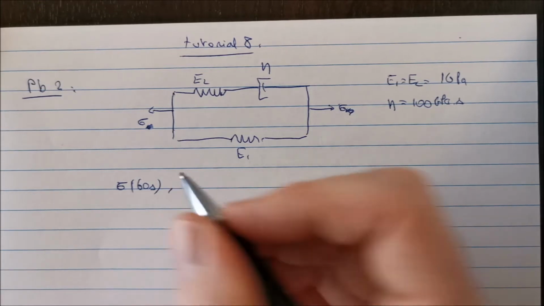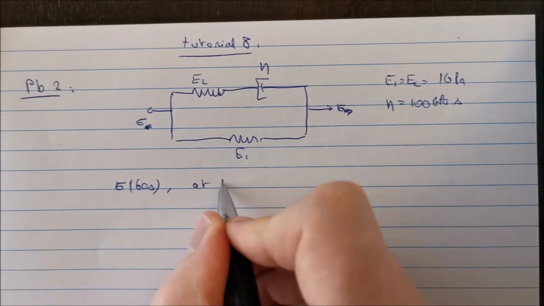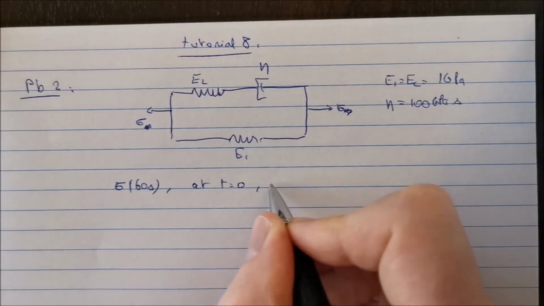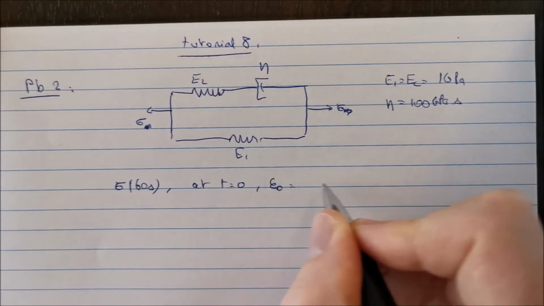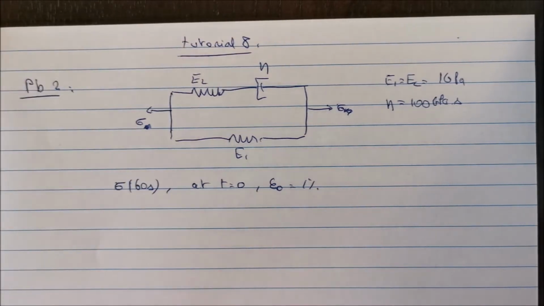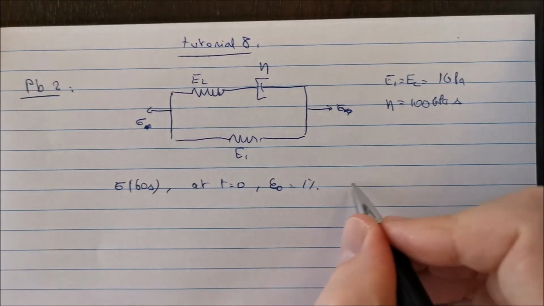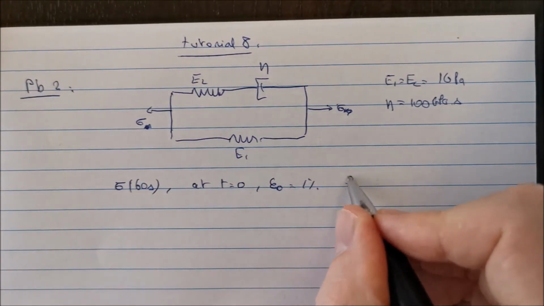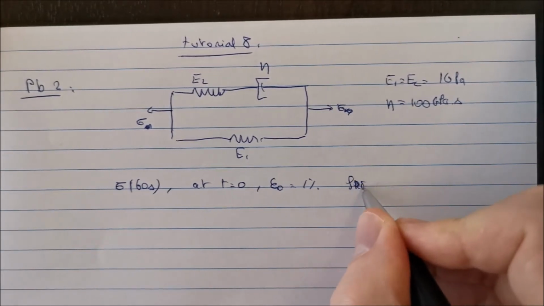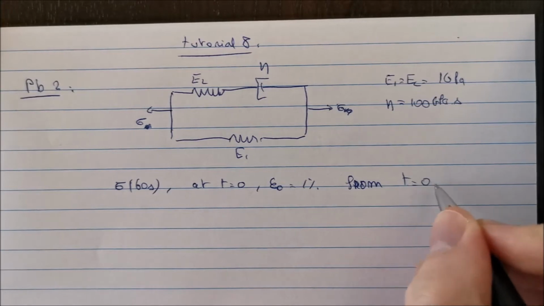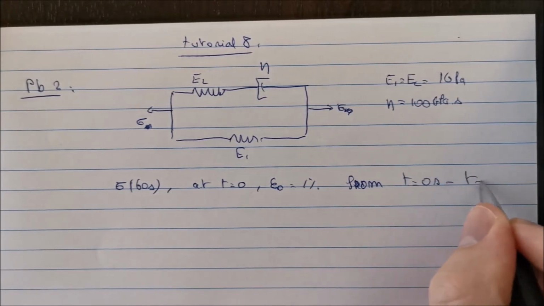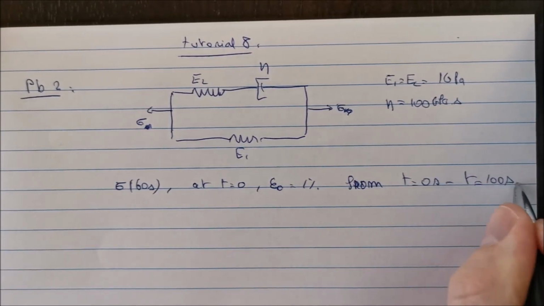We know that at t0 we apply an instantaneous strain of 1%, and that strain is kept from t equal 0 second to t equal 100 second.